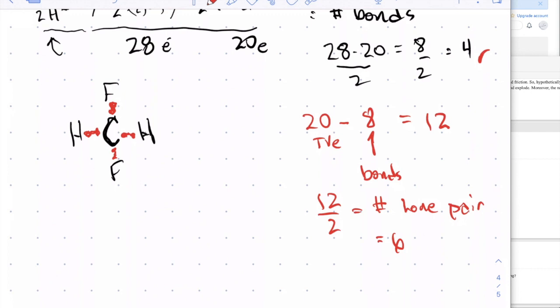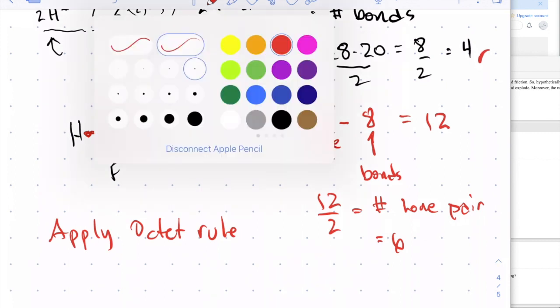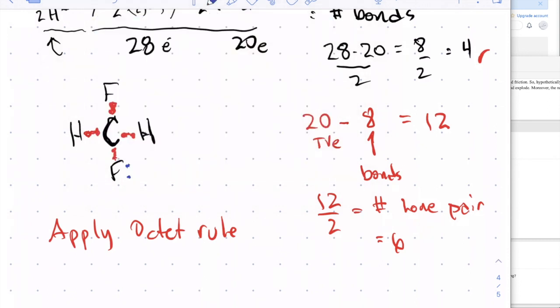So to complete this structure, we need to apply the octet rule. The octet rule simply says that atoms will have 8 electrons in their valence, except for hydrogen, which is satisfied with 2. So this fluorine right here already has 2. What it needs is 6 more. 1, 2, 3, 4, 5, 6. So if we have 12 and we subtract 6, that means we have 6 remaining, which is 3 lone pairs.